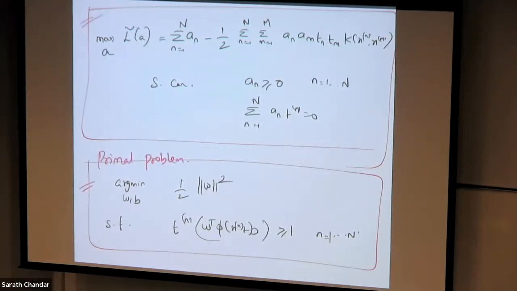Now, you solve the first problem with respect to w and b, and you get the solution for max margin. However, instead of solving the primal problem, you can also solve this equivalent problem that we just derived. We are going to call this problem the dual problem.